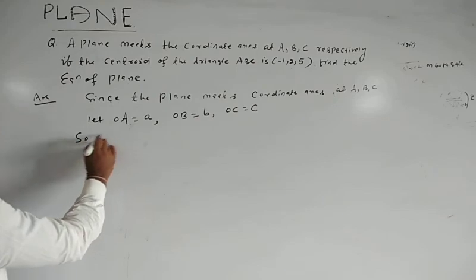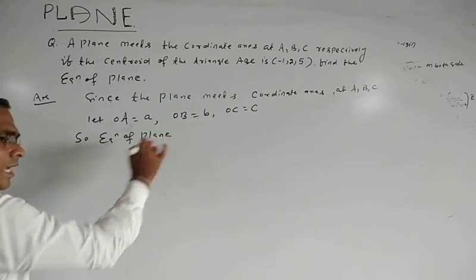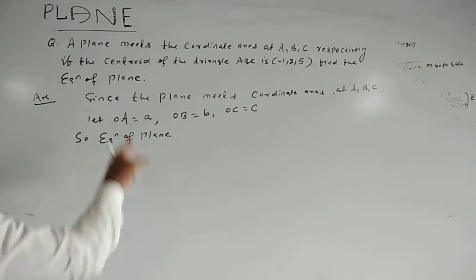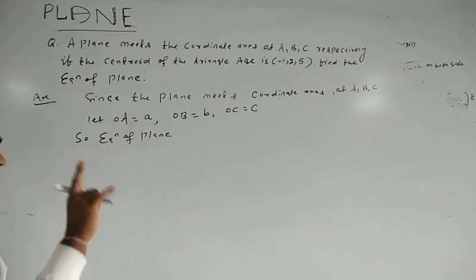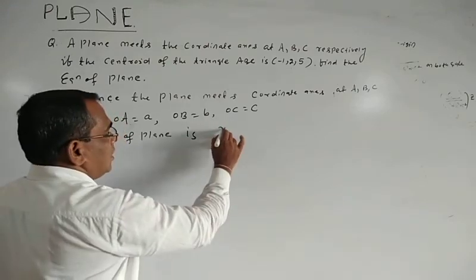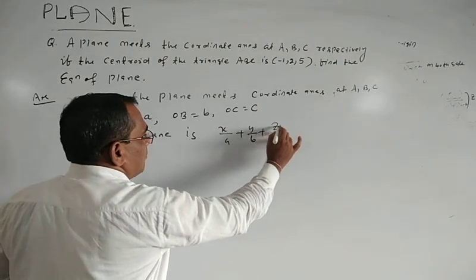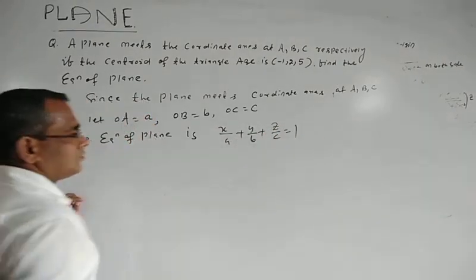So the equation of the plane, we write in intercept form because the plane meets the coordinate axes. So the equation of the plane is x by a plus y by b plus z by c is equal to 1.